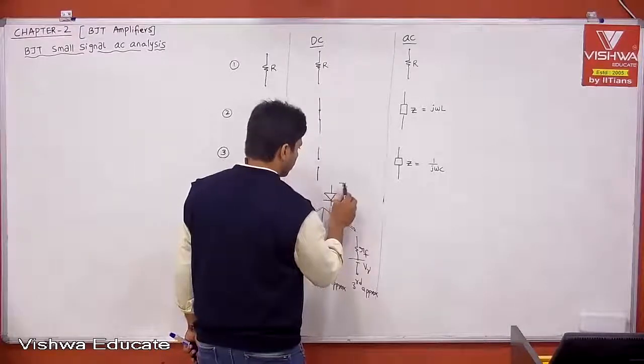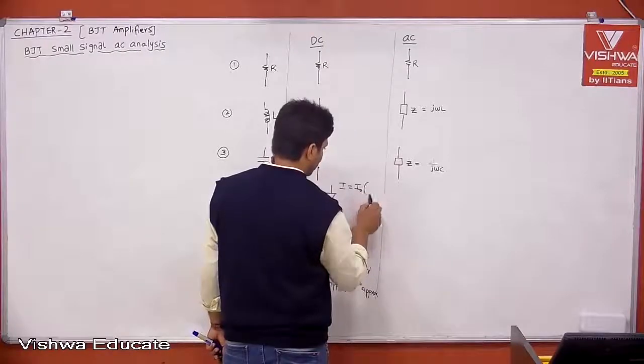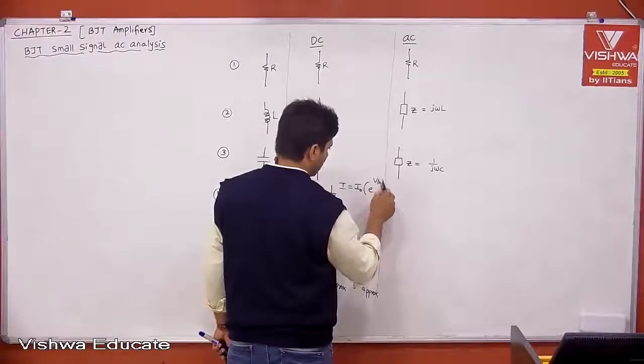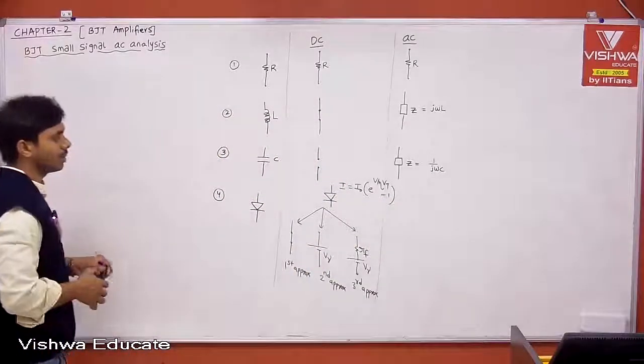Okay, this is supported by I is equal to I naught into e to the power of V by eta Vt minus 1. Okay, this is the exact equation.